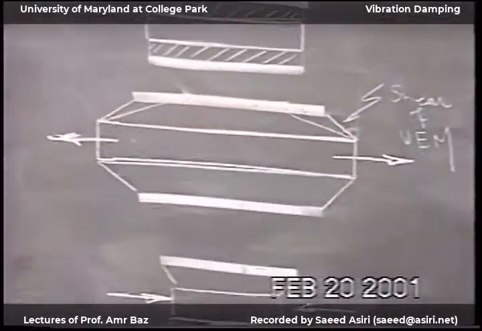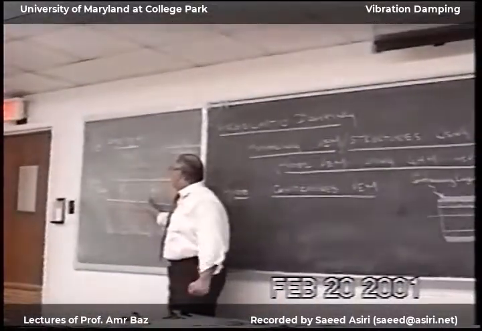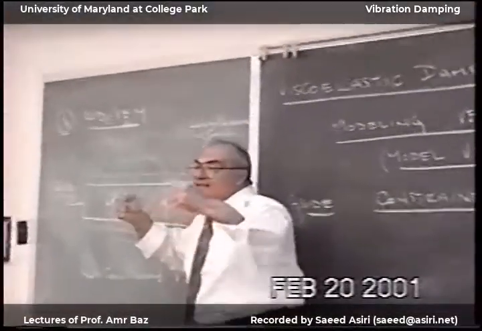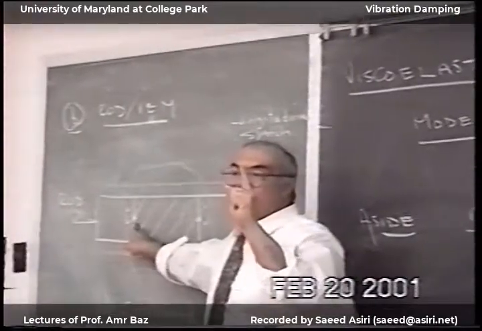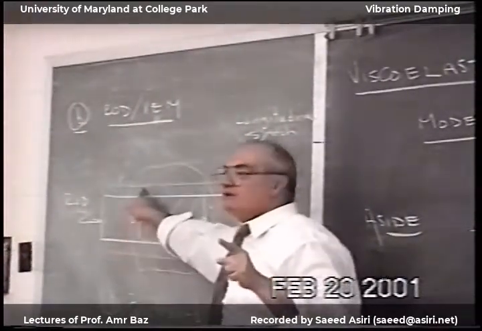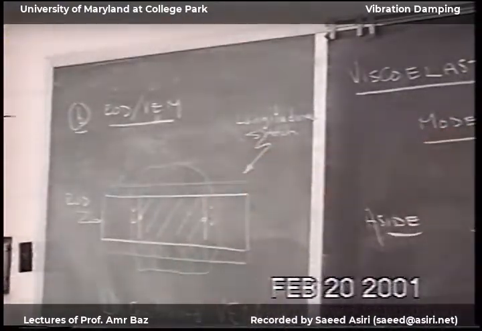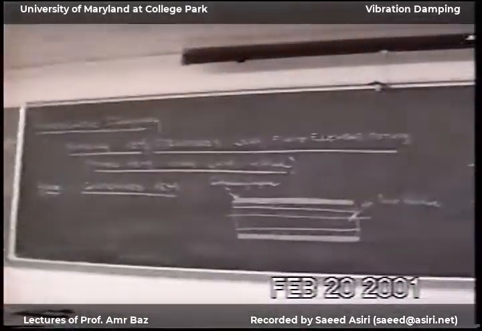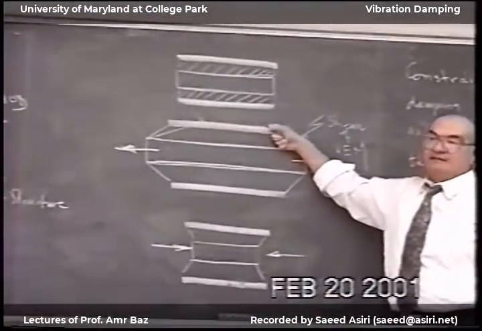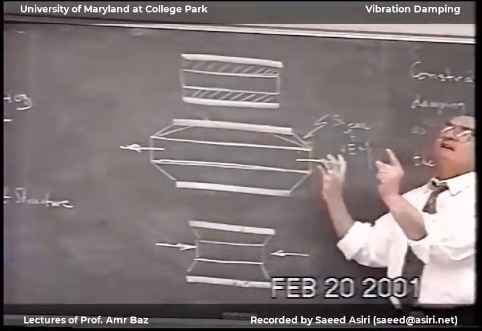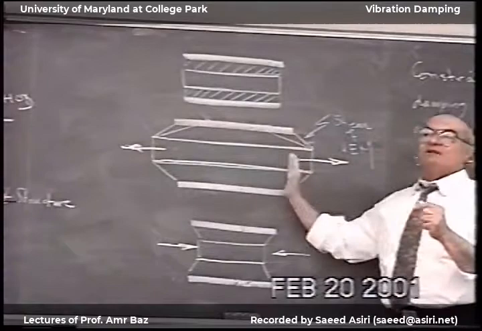Okay? So with unrestrained viscoelastic material, and I pull it, the structure and the viscoelastic will move the same distance. So all I need is one displacement here, because this displacement will be of the structure and of the viscoelastic material. Same here, one displacement. In this case, I have displacement of the structure, parent structure, and displacement of this. So I have to have more than just one description at one end, and more than one description at the other end.